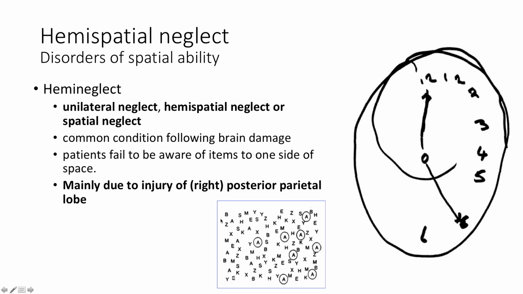Or in this picture below, where you have all the letters, if you ask someone with hemispatial neglect to circle all the A's, he will only be able to circle the A's on one side. He's just not aware, in this case, of the left side. So this is mainly due to an injury of the right posterior parietal lobe.